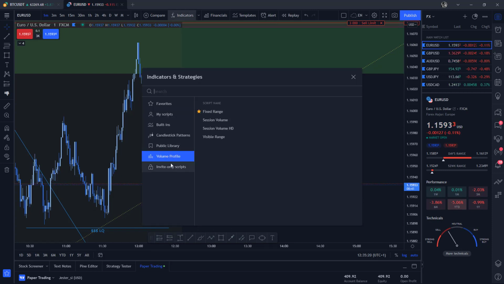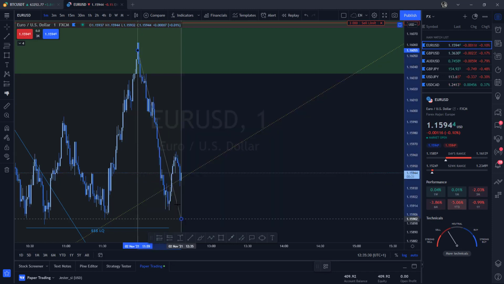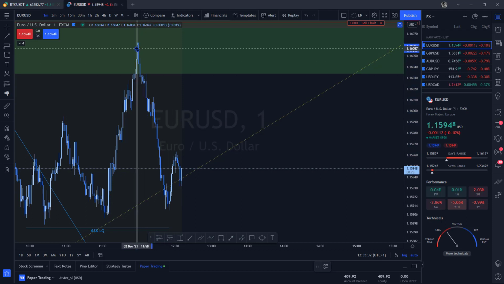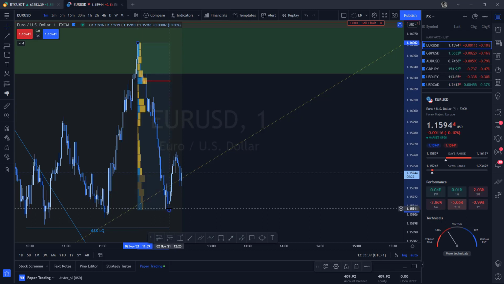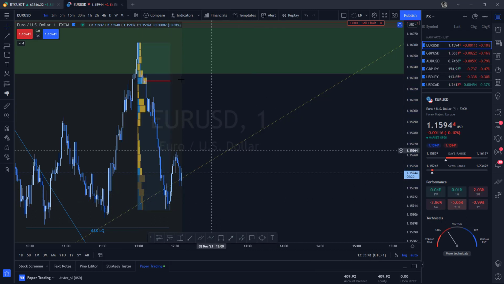These volume profile indicators are available only for the pro version of TradingView. So I am taking the high and the low, and this is where most of the volume was on this move down.